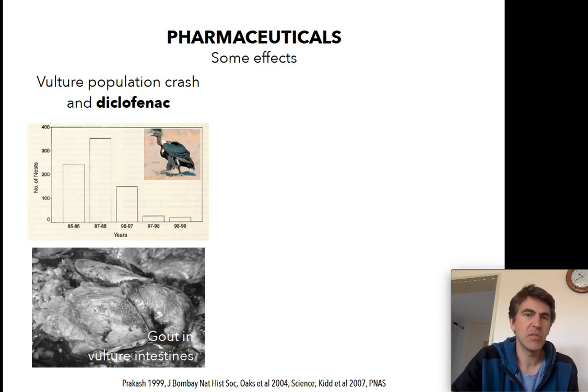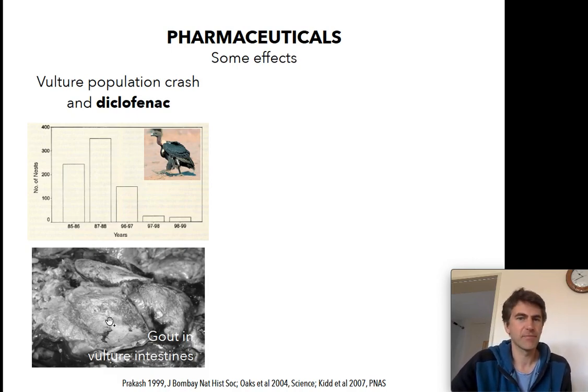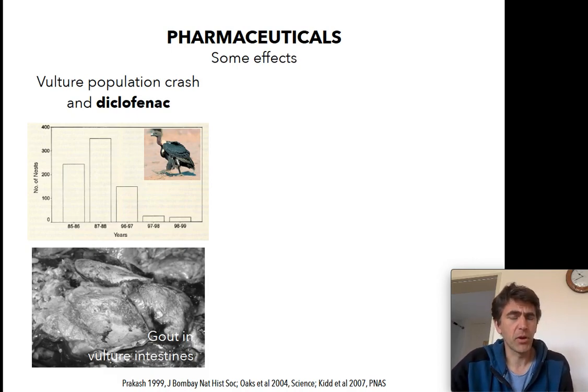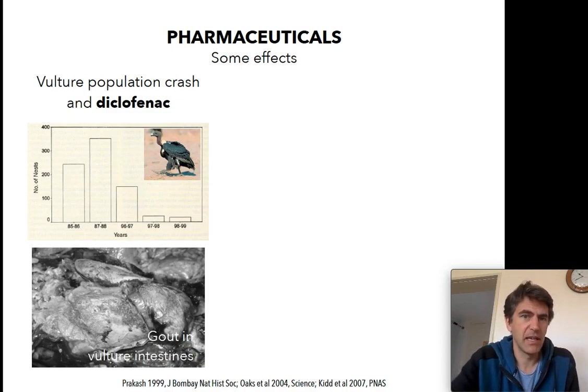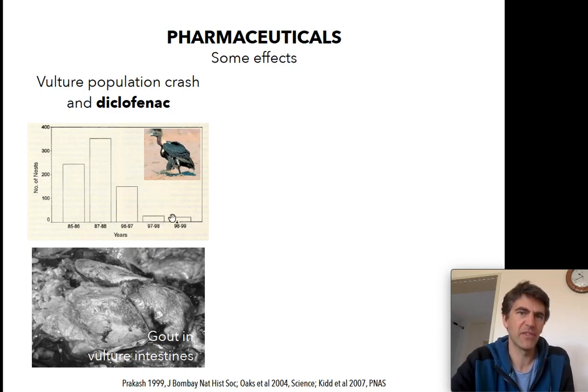So it's extremely toxic to vultures and eagles, this diclofenac, and causes changes to the intestines of these birds. So diclofenac has basically led to this massive collapse. We see the number of nests here in 85, 86, 87, 97, 98, 99. So we have had this massive decline in the number of nests because of this drug diclofenac in the environment.